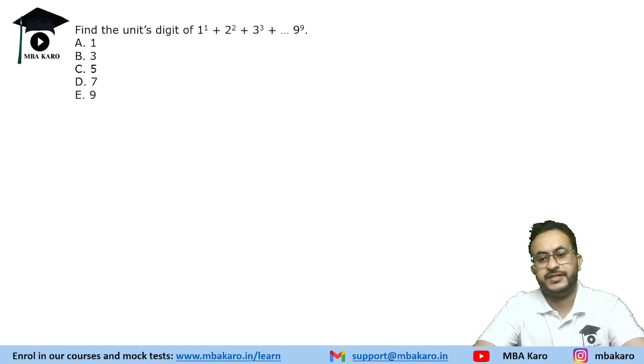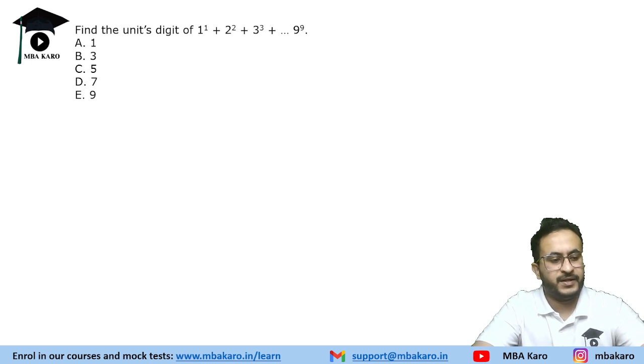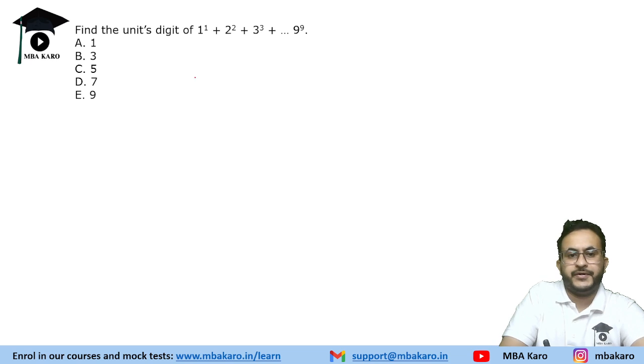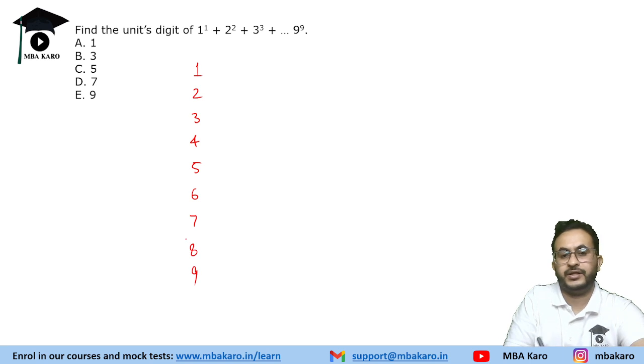Find the units digit of this number. I hope you know how to find the units digit, because this is one of the easiest things to do in number system. So let us find the units digit of this number and answer the question. Okay, so we have 1 raised to the power 1, then 2, 3, 4, 5, 6, 7, 8, 9, we have to go till 1.